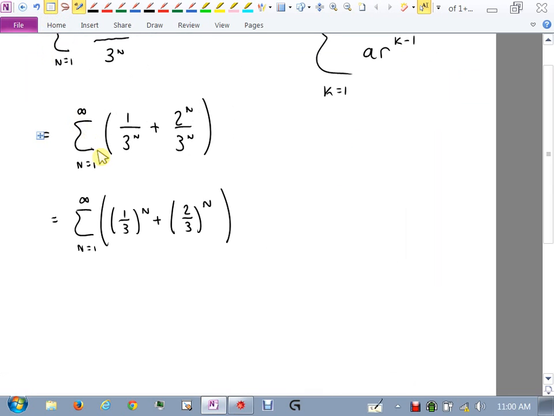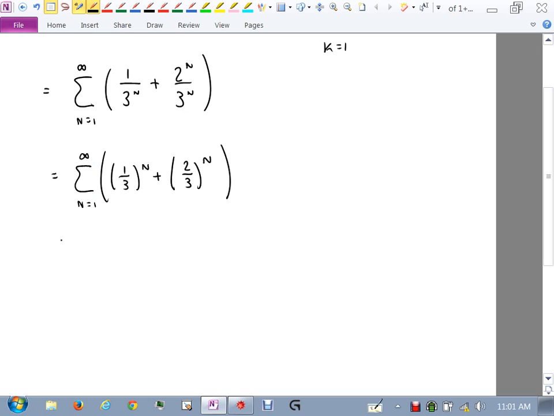But your assumption is probably correct here: if you have the sum of two separate things, you can break it into two separate sums. That's given to you on page 441, theorem number 8. So I'm going to use that to break this into two summations.